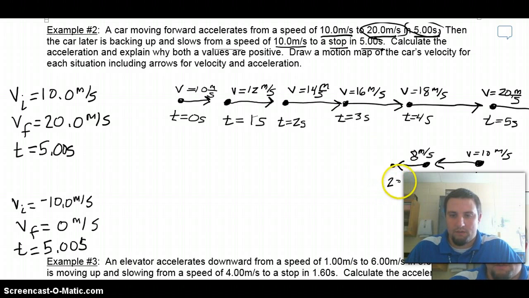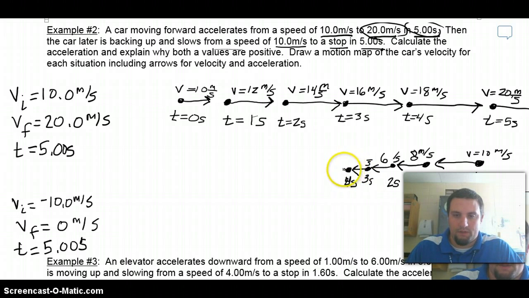2 seconds. Vector will be even shorter. So we'll say this is 6. Shorter yet. This will be 4. That's at 3 seconds. I'm sorry, 4 seconds.